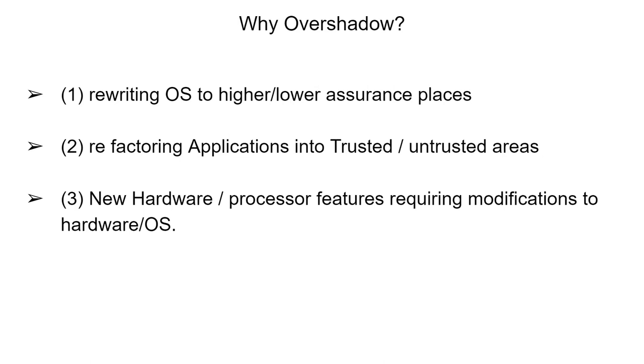And three, to make new hardware, new processor features that require modifications to the hardware of the operating system. These all are overtly quite time consuming. And this is why Overshadow back in 2008 was such a great idea and revelation in this area. And it was kind of the first all-encompassing structure to protect applications from an untrusted operating system.